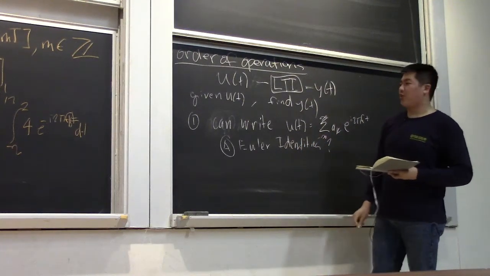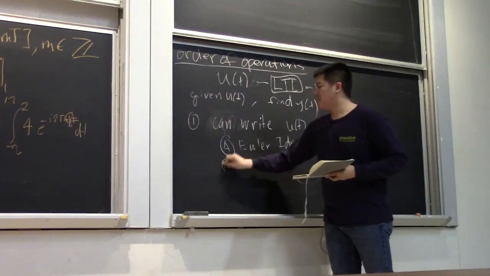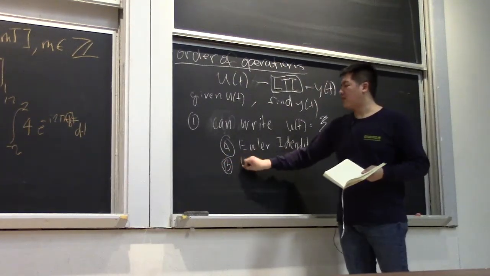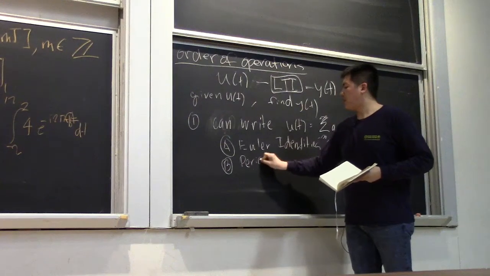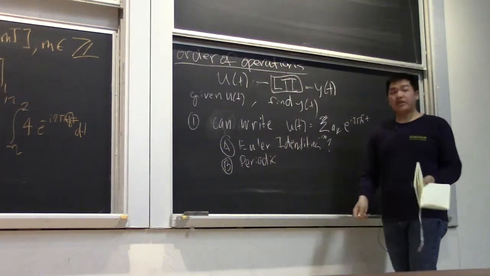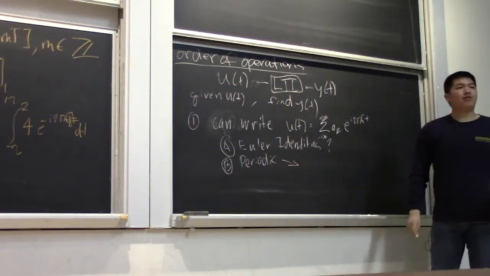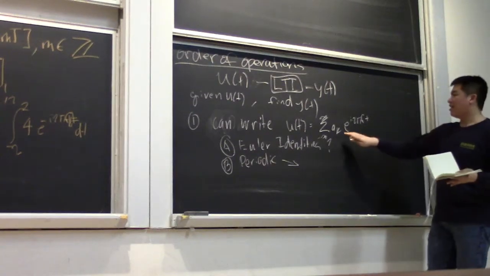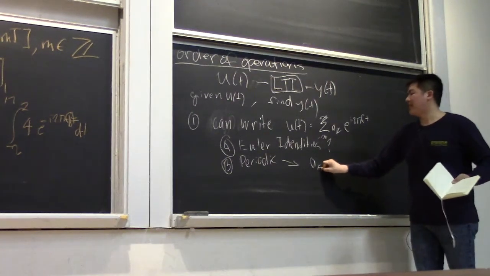If you can't write it with Euler identities, what's the next best thing? Can I find out if it's periodic? If it is periodic, then there's a nice form for this a sub k.